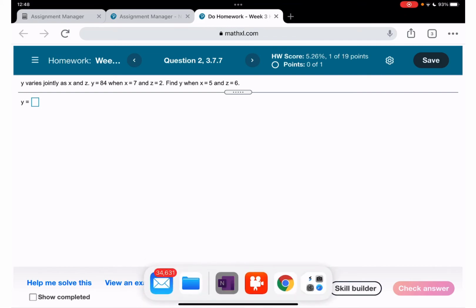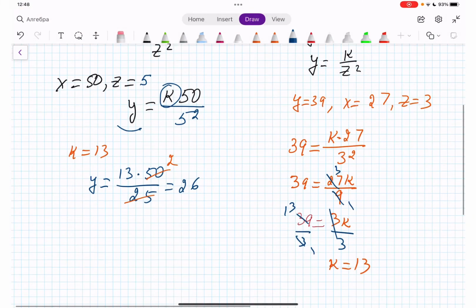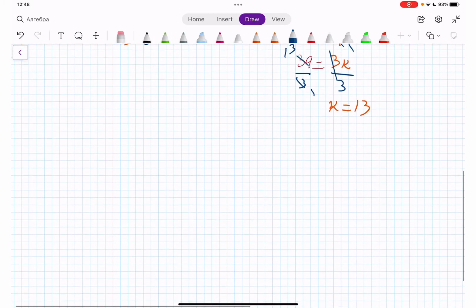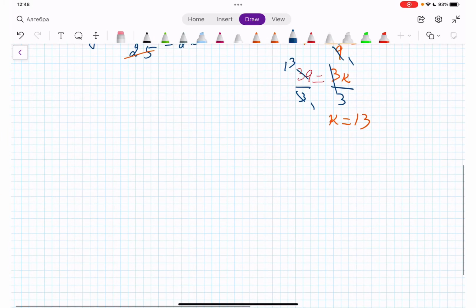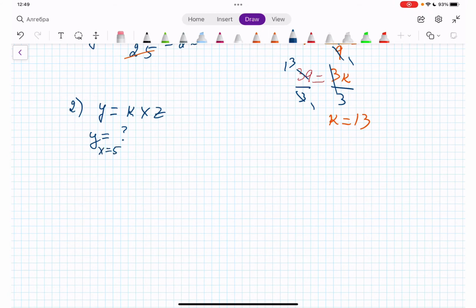That means it's both ways: both variables vary as directly proportional, which we're going to write down like this. Y is equal to kxz. So we need to find y, where y is equal to question mark when x is equal to 5 and z is equal to 6.